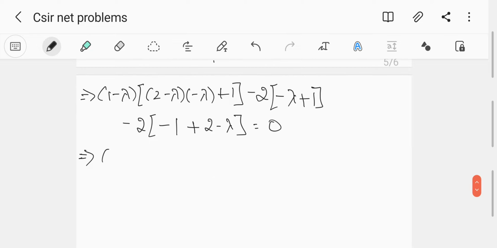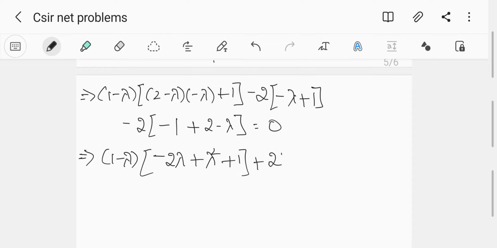So this implies 1 minus lambda into, let us multiply them and solve it. We get minus 2 lambda plus lambda square plus 1, minus 2 into minus lambda plus 2 lambda minus 2. Here we have 2 minus 1, which becomes 1. So minus 2 into 1, which is minus 2.